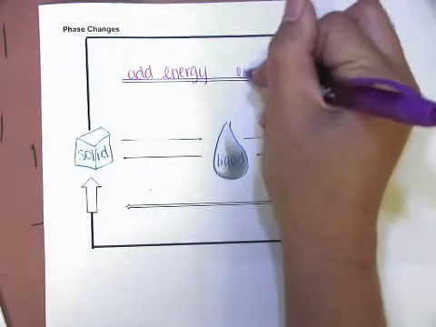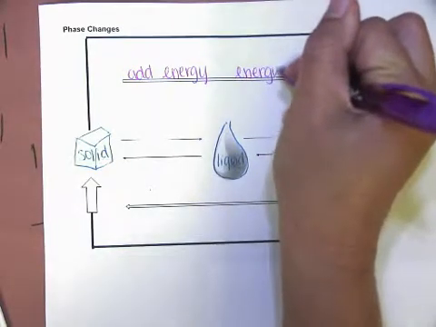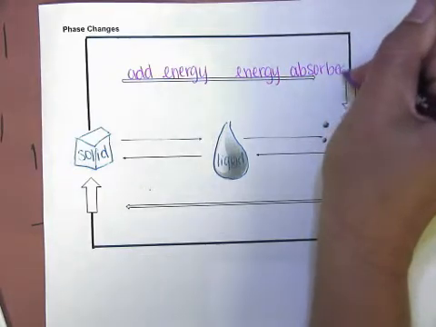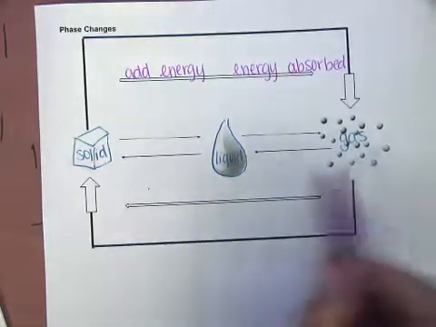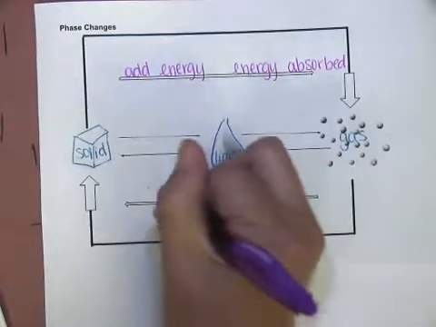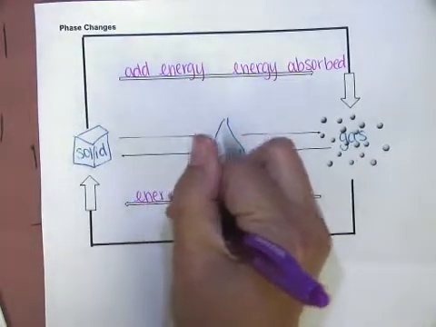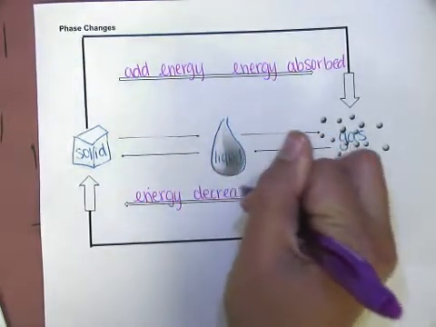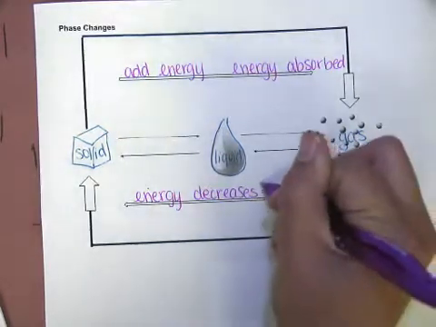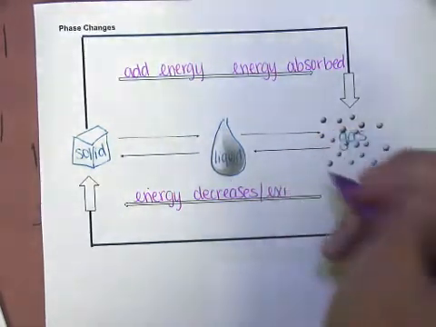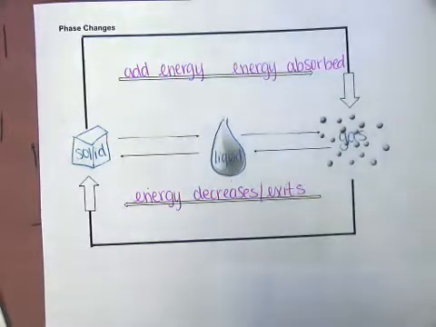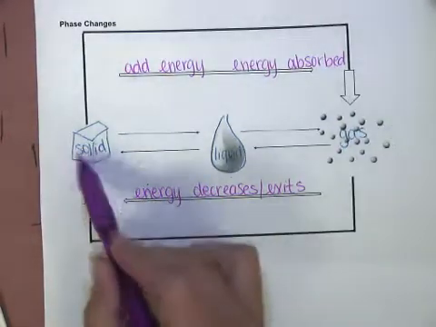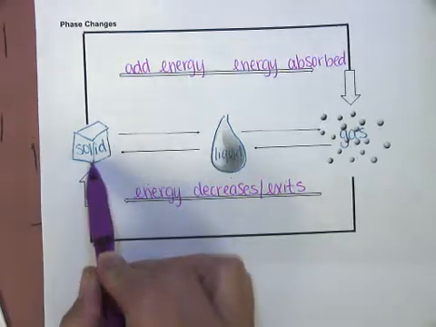So energy is absorbed. If I go from gas to liquid to solid, my energy decreases or exits. Our gas molecules move the most, our solid molecules move the least.